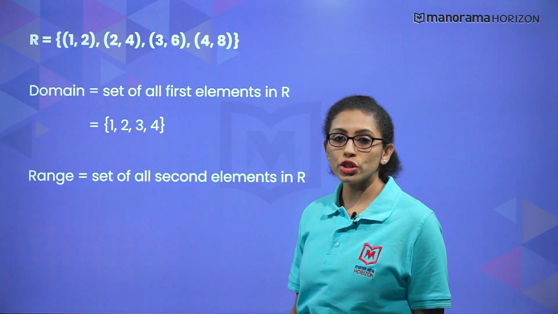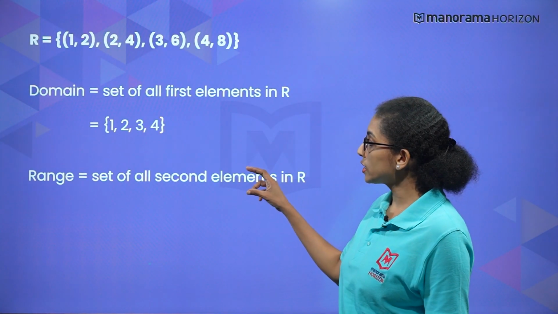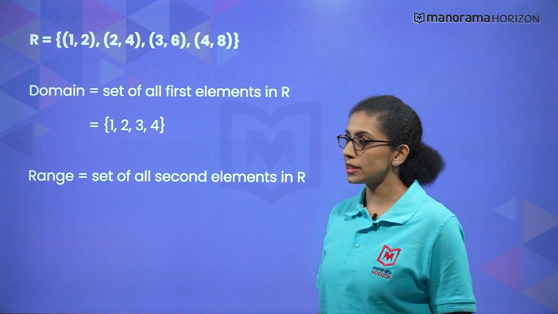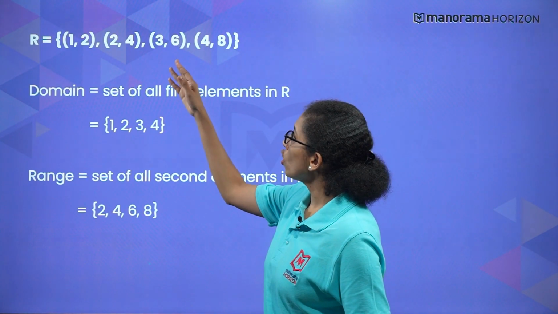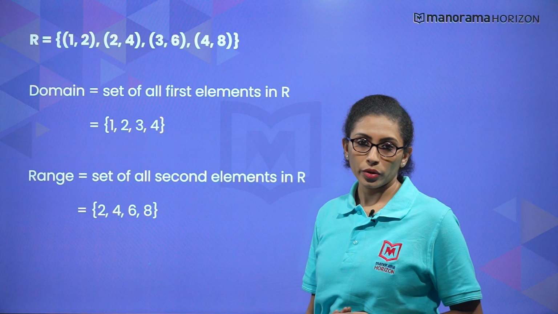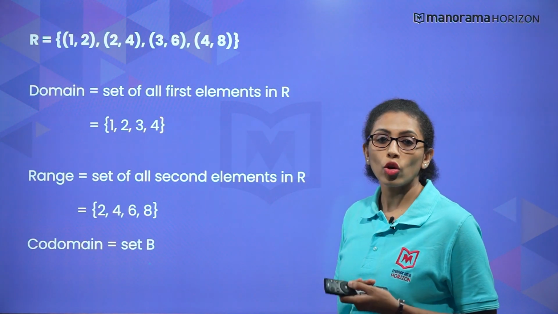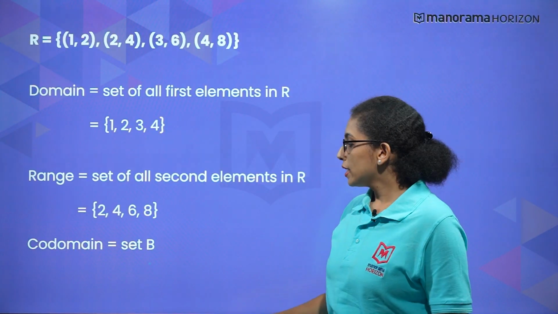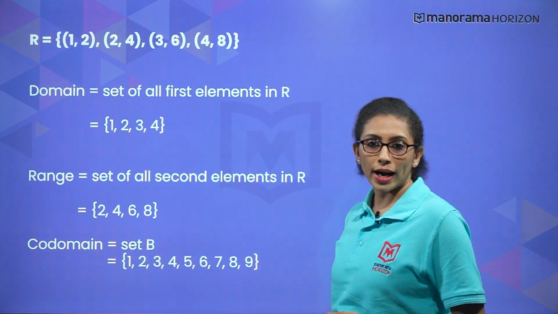Now, what is the range? Range is given by the set of all second elements in the set R, which is {2, 4, 6, 8}. Now, what is the codomain? Codomain is your set B and that is given by the set 1 to 9.